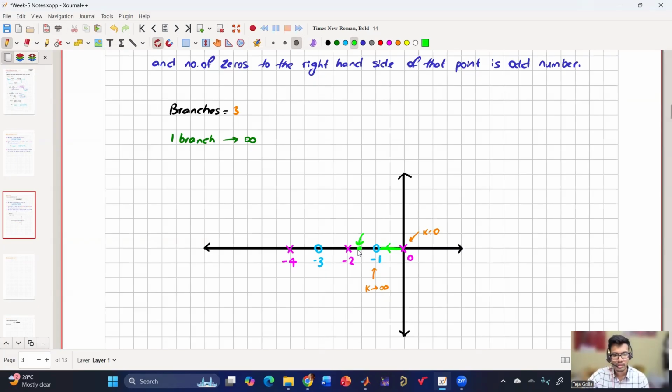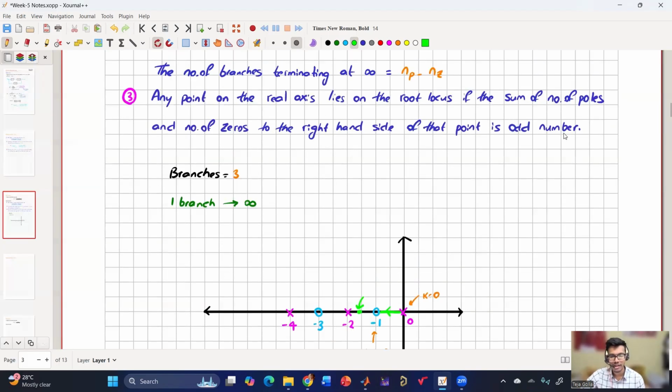One pole at -1 and a zero, right? Yeah, so two are there, which is an even number. If it is an even number, then the root locus doesn't exist in this region. Root locus only exists if on the right hand side there is an odd number of poles and zeros combined. So in this region, it doesn't exist.